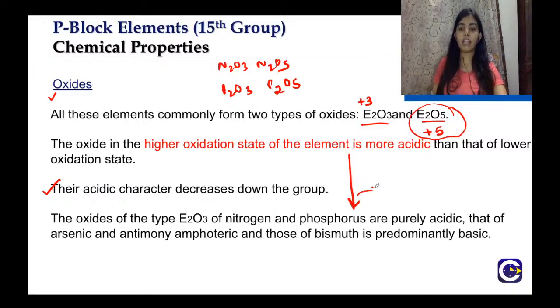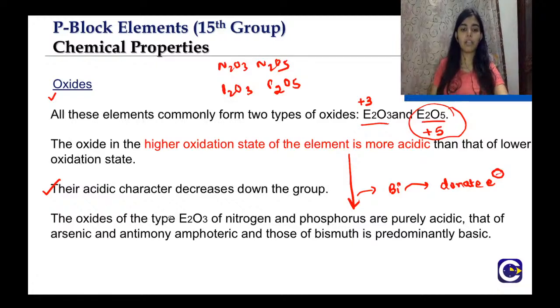That means the heavier members of group 15, like bismuth, tend to donate electrons, right? And an acid is basically electron deficient, it likes to accept electrons, right? Therefore the acidic character decreases down the group.